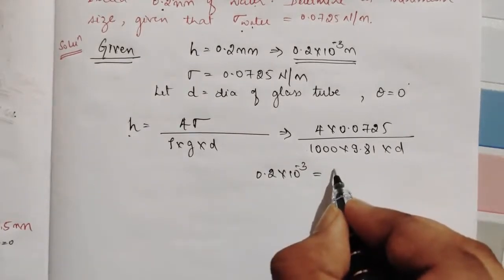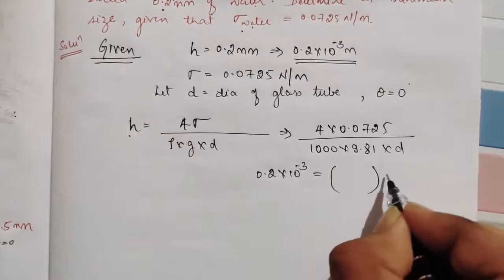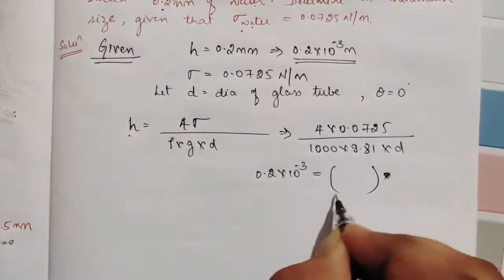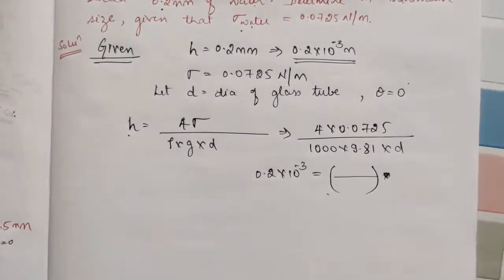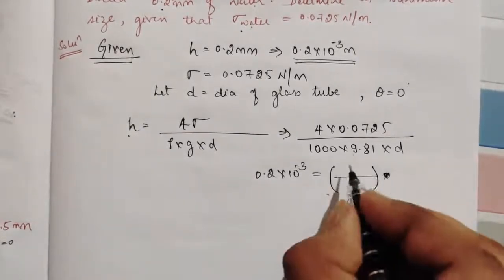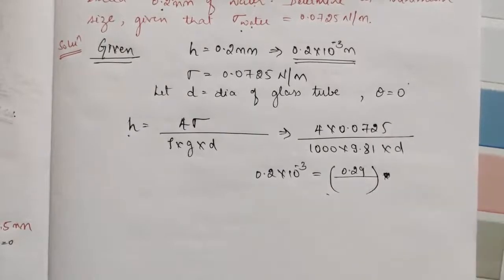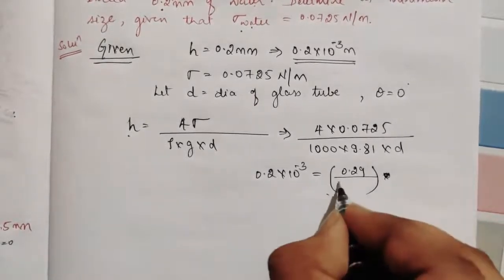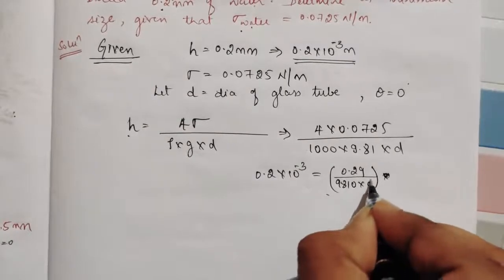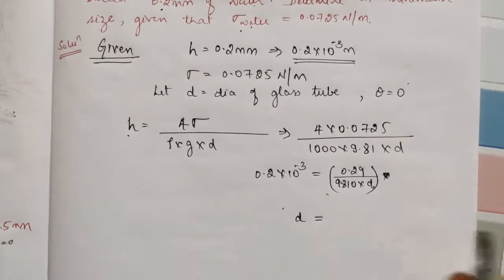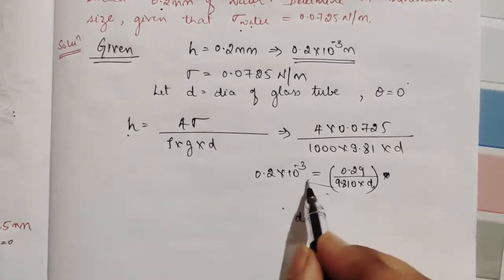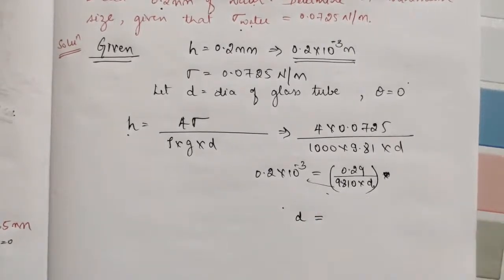So I will calculate this. 4 into 0.0725 is 0.29, and 1000 into 9.81 is 9810 into D. What I want is the value of D, so just multiply here and divide by 0.29.